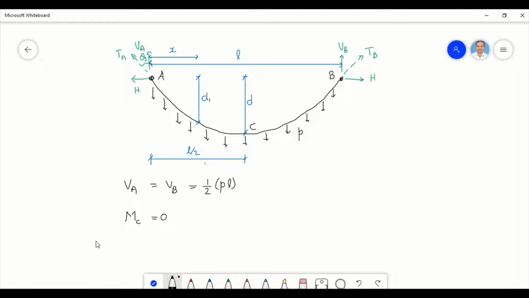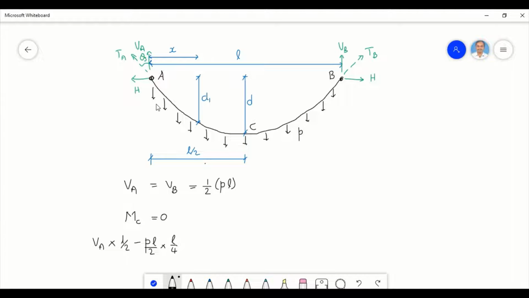To the left of the section, we have VA, which is acting at a distance of L by 2, acting upwards, and we have this small p, which is acting over a distance of L by 2 in the left half of the span, and its equivalent will be at a distance of L by 4 from C.